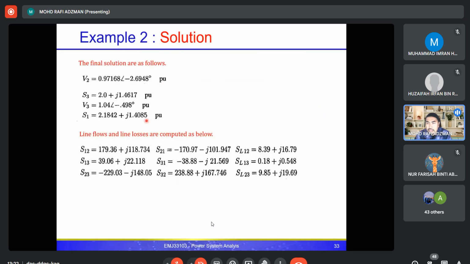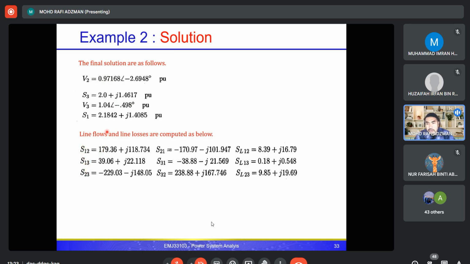So this example is already calculated for you, but you can check at home whether you can find P1 equal to 2.1842 and your Q1 equal to 1.4085. Okay. So once you got these solutions, these parameters, you can start to find the S12, S13.